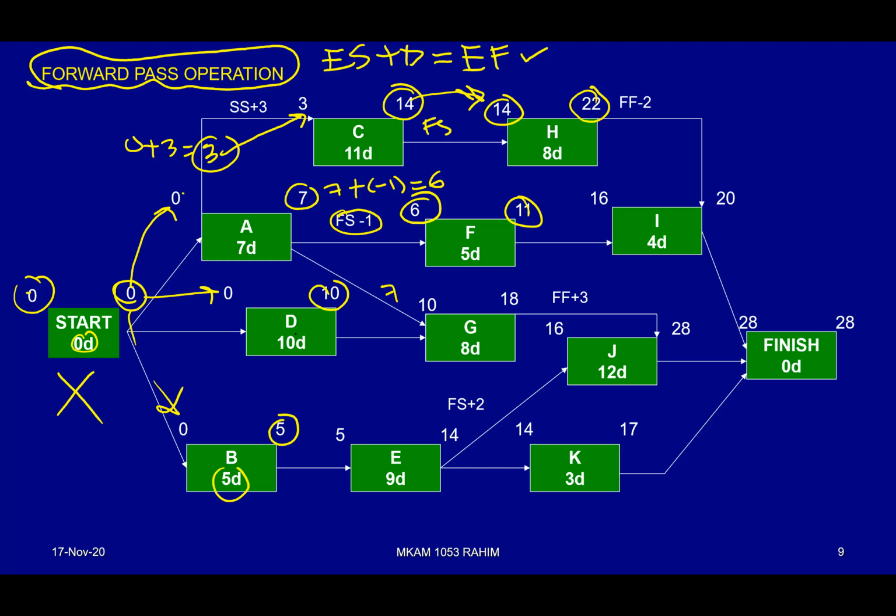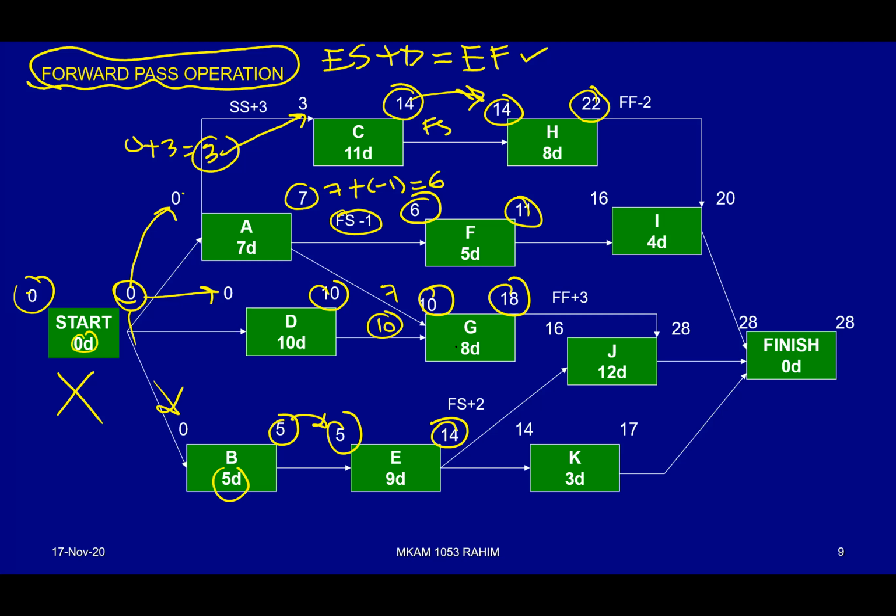And then from D is basically 10. Between 10 and 7, the bigger value will go into G. Okay, 10. 10 plus 8 equals 18. And then for E, 5 will be transferred here directly. 5 plus 9 equals 14.